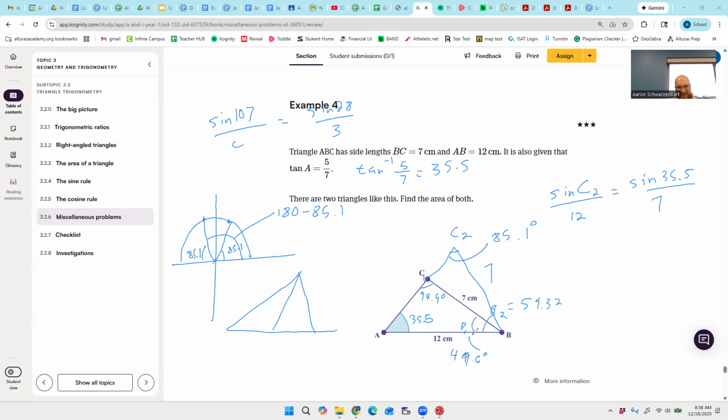So now that I've got these two angles, now I can use 1/2 ab sine C on both of them. That makes sense. Several steps, none of them all that hard. And that's it. Okay.